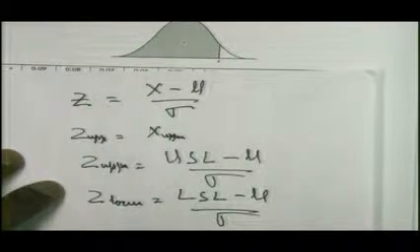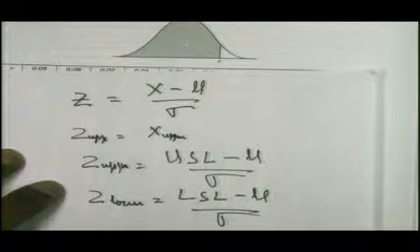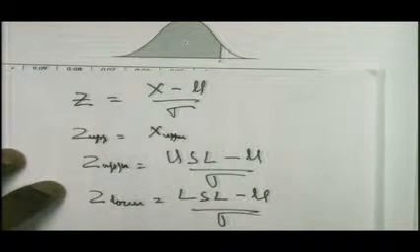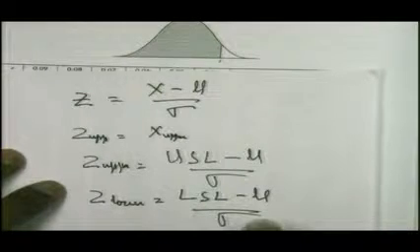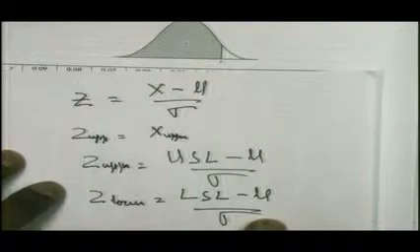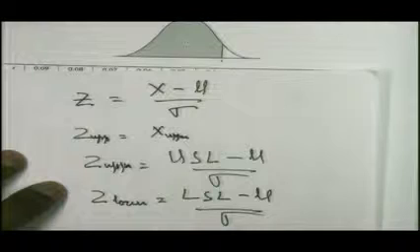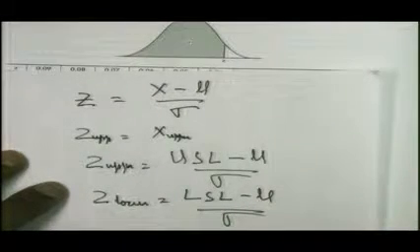Truly, I should write it the opposite way, mean minus LSL over sigma, because this will turn out to be negative, but the number is the thing I'm looking at.